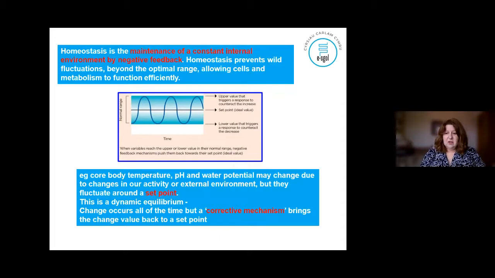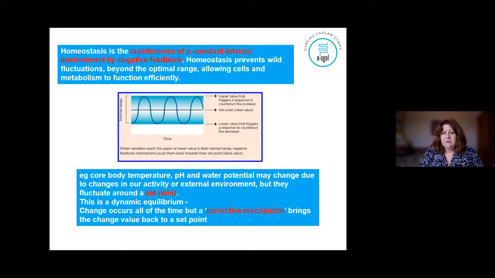Now, there are lots of examples of this in the body. For instance, our core body temperature, whether you're 36.5, 37, whatever it happens to be: if your body temperature moves away from the norm, the ideal, the set, negative feedback will bring it back. That is the same for pH, water potential, all of these conditions in our internal environment.